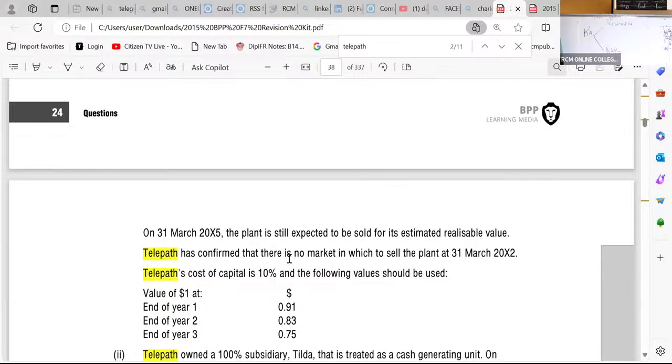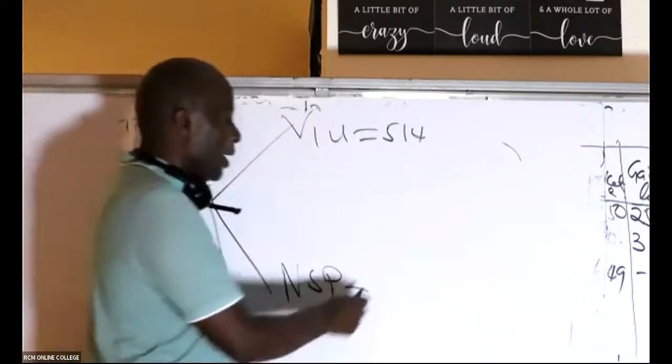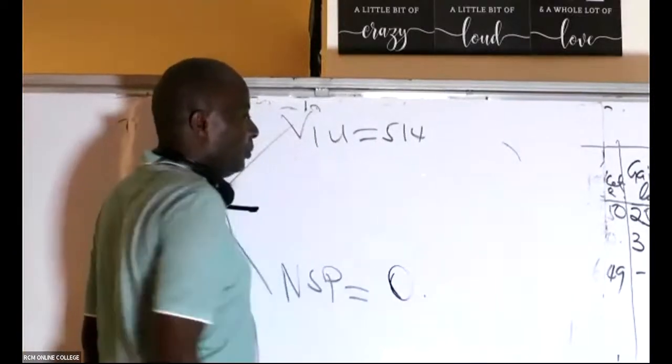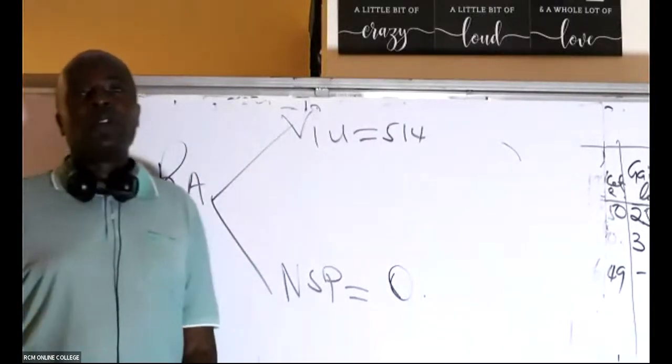Telepath has confirmed that there is no market in which to sell. We expected to sell, but now we have confirmed that there is no market to sell that thing. So in this case here, the net realizable value out of this at the end of the day becomes 0. There's no market. Even that 50, you can't get it now.